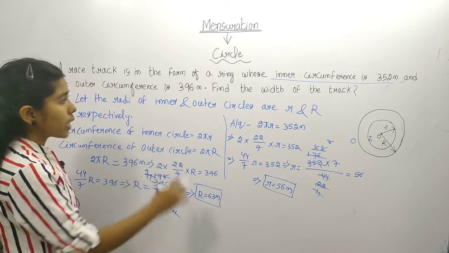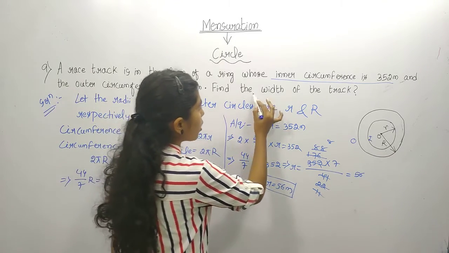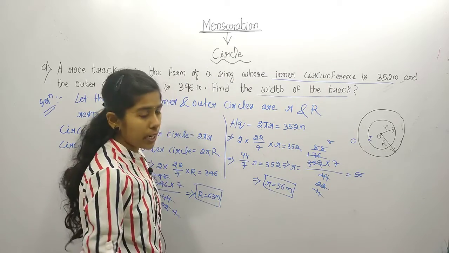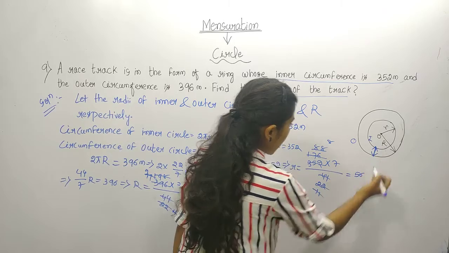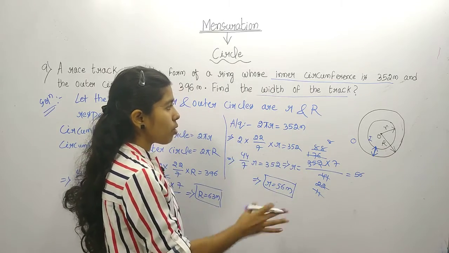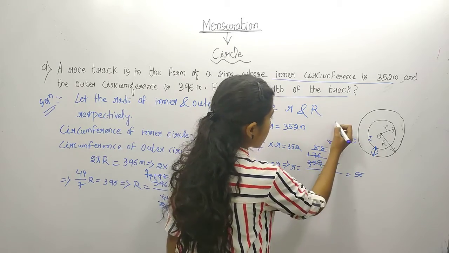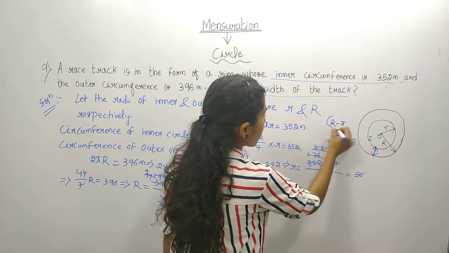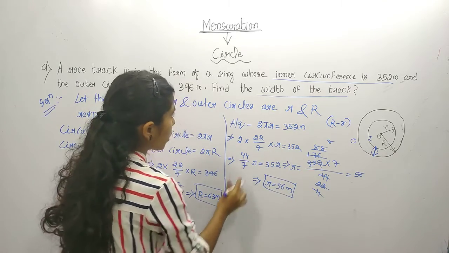Okay. Now the question is over. Now what you have to find? You have to find the width of the track. Finding the width of any track, the formula is capital R minus small r. So therefore what you have to write?